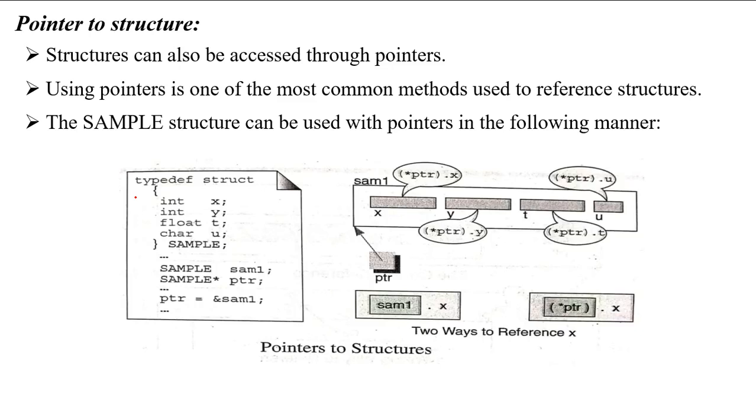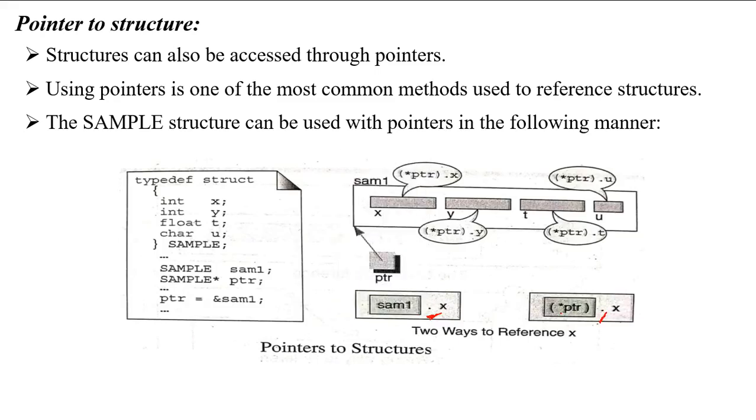So there are two ways to reference x when you have a pointer associated with it. One, directly using the direct selection operator, that is the dot operator, or if you want to access that same field with the help of the pointer, then you have to use (*ptr).x. Like this you have to use.